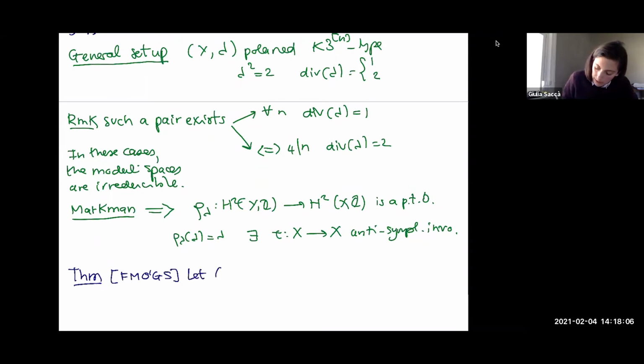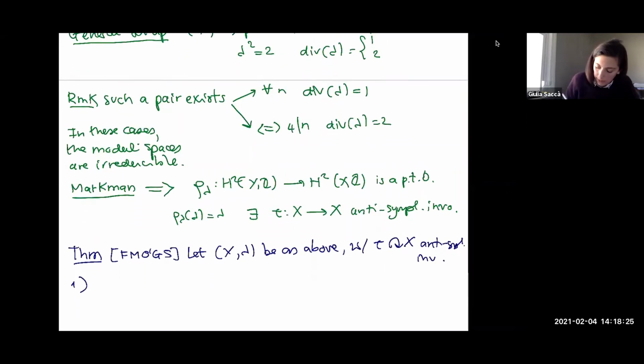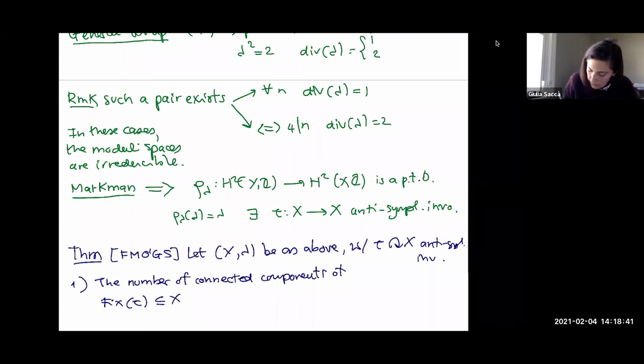So let X_λ be as above, with τ acting on X, the anti-symplectic involution. First, the number of connected components of the fixed locus of τ inside X is exactly equal to the divisibility.